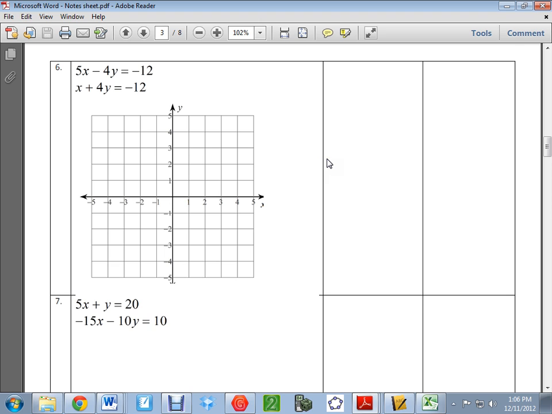How's this one different? You've got to solve it first. Step 1 is solve both for y. Step 2 is graph both. And step 3 is tell where they cross.